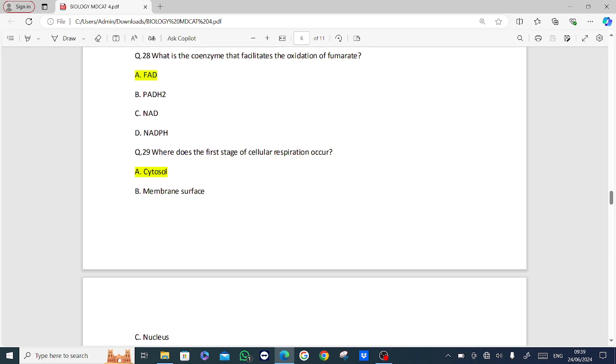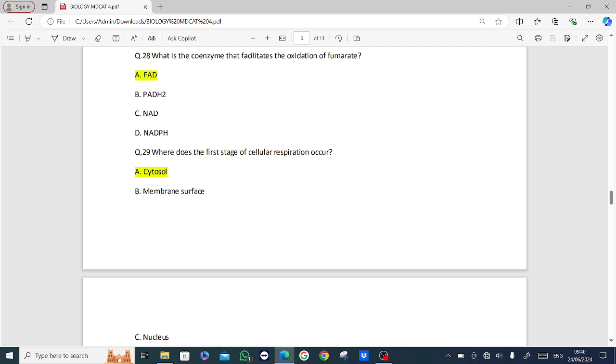Next MCQ is: what is the coenzyme that facilitates the oxidation of fumarate? Options are FAD, FADH2, NAD, NADPH. Answer is option A, FAD.